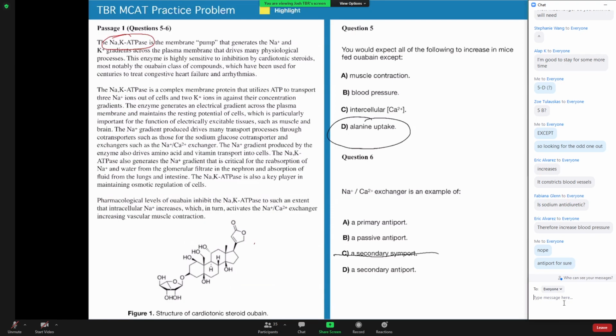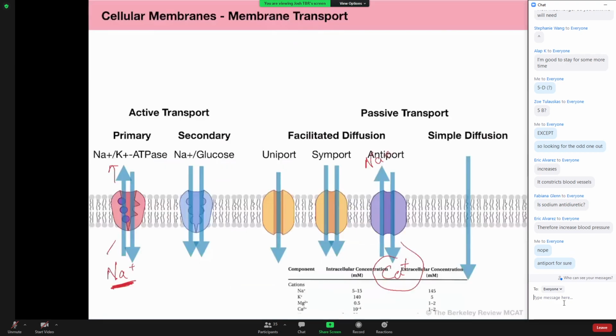No. Is it passive? Let's go back to here.